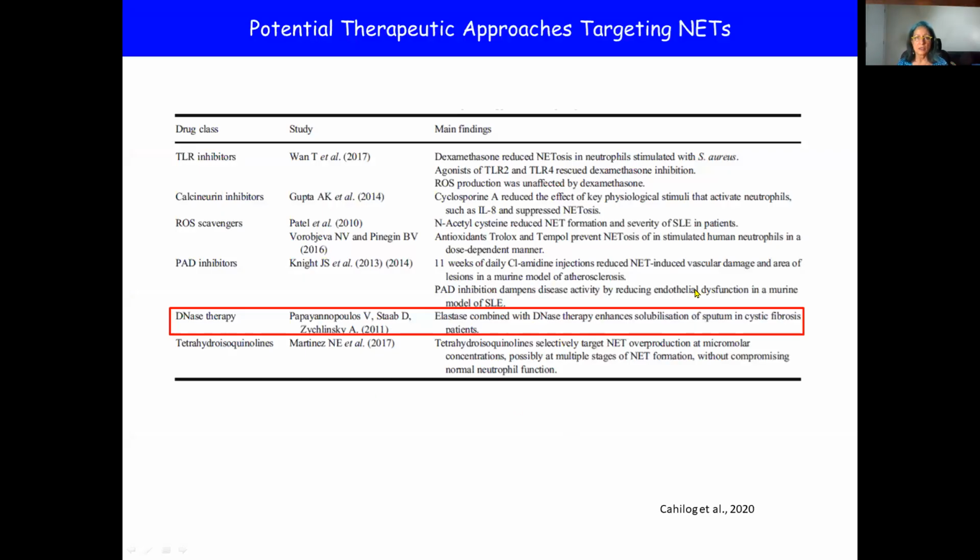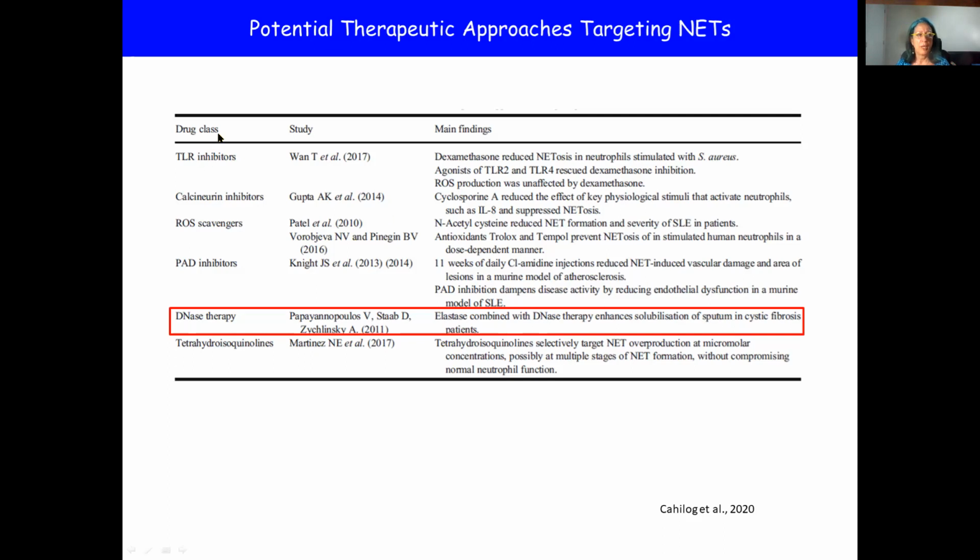And of course, there are a lot of groups studying therapeutic approaches to target NETs. And one that is already used is the DNase therapy that is being used in cystic fibrosis. Sometimes elastase combined with DNase to increase the solubilization of the sputum, the liquid material that is produced in this disease.